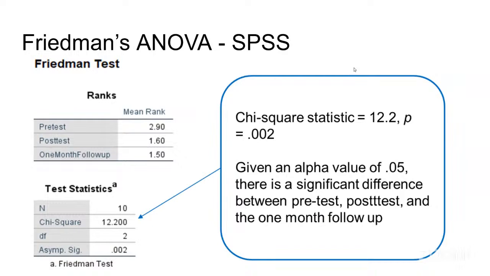Next. So here you can find out that there is a significant difference. Mean rank is 2.90 at pre, post is 1.6, and at 1 month follow-up it becomes 1.5. So you can write down the difference between the periods also.